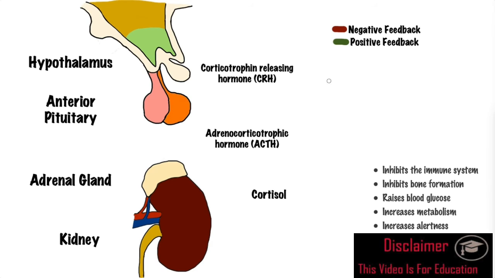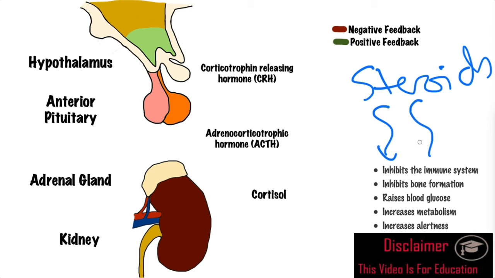Okay, so the first one is where you have exogenous steroids that come from the outside and just produce all of these effects within the body. So that's the first cause, is steroids, got nothing to do with all of these.